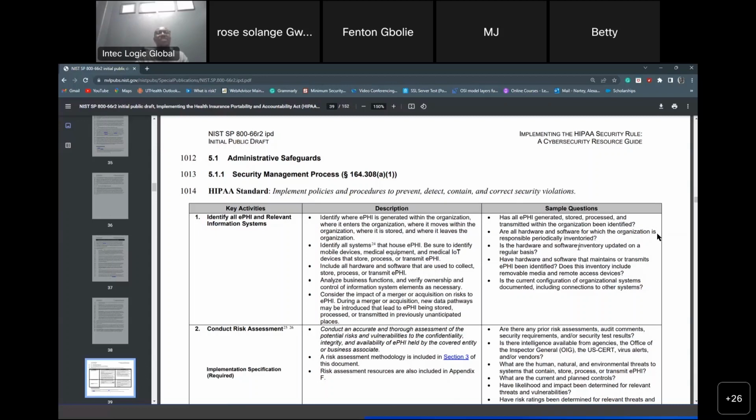Is the hardware and software inventory updated on a regular basis? Have hardware and software that maintain or transmit EPHI been identified? Has it been inventoried? Is the current configuration of organization systems documented, including connections to other systems?